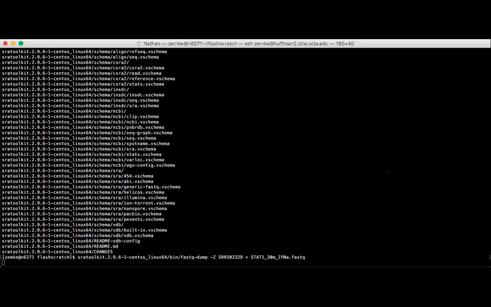And if you're not able to make the flash scratch shortcut, just enter the directory with cd and then the directory path, which is the part after the ln space -s.